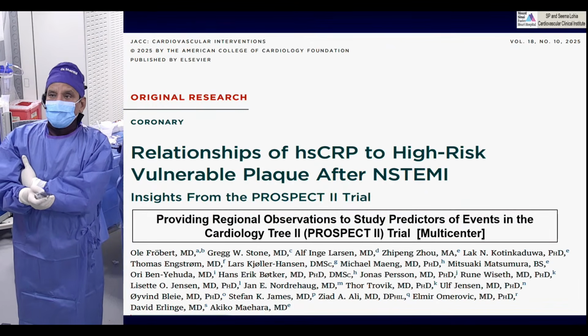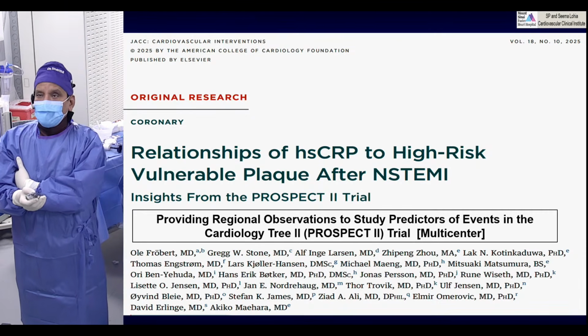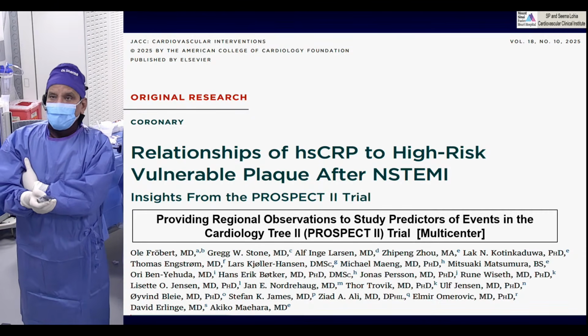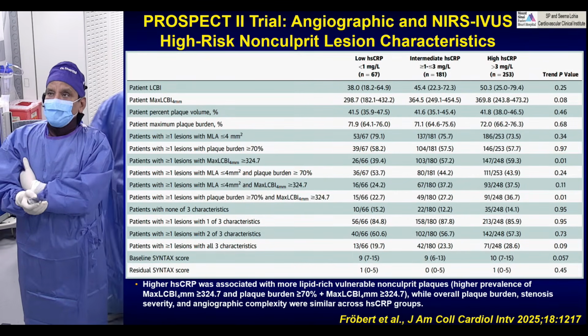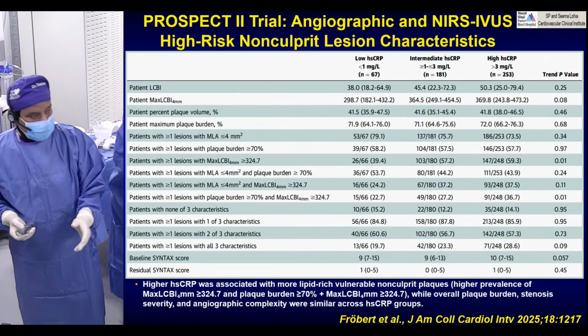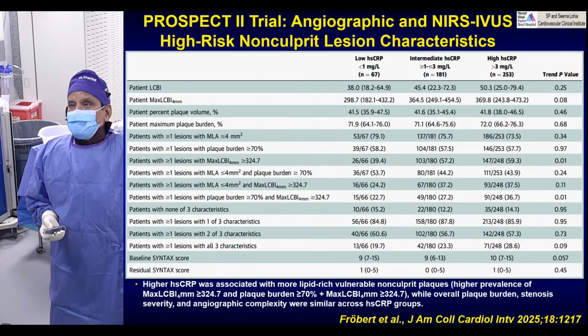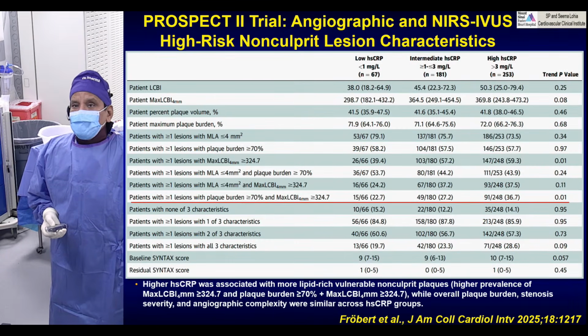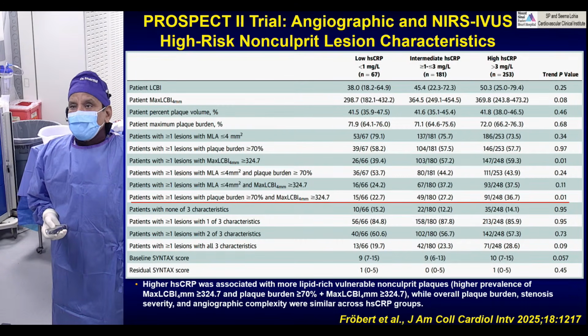The second trial was PROSPECT 2, on the relationship of high-sensitivity CRP to high-risk vulnerable plaque after non-STEMI. Basically they found that you have a gradient of CRP, low, intermediate, and high, less than 1, 1 to 3, more than 3, and they are associated with lesions with a high plaque burden, more than 70%, maximum LCBI of 324.